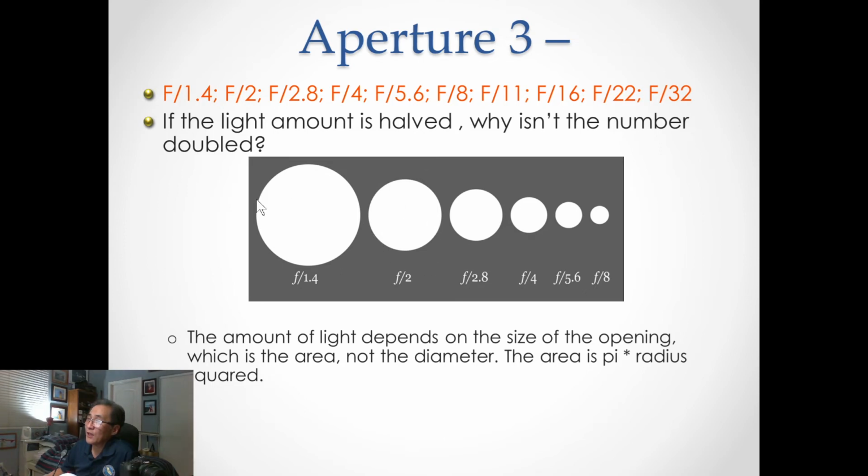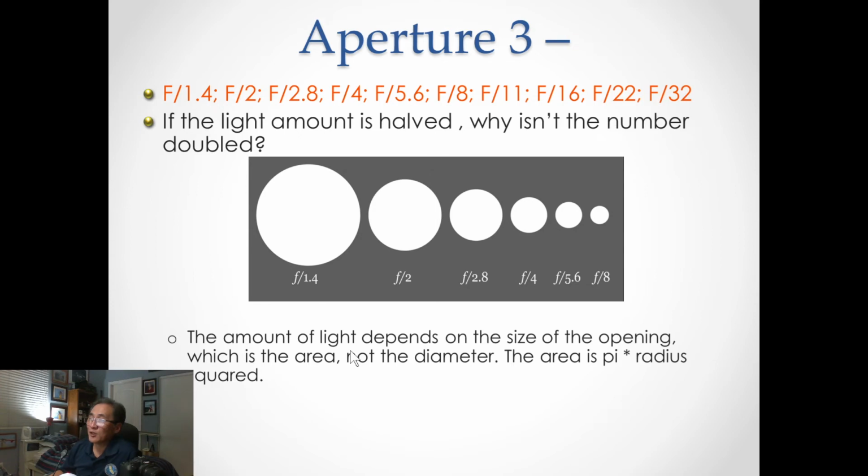The size of the hole represents the area of the hole. When we talk about the aperture value, it is a relationship between the diameter of the hole and the focal length. So the numbers here represent the diameter and not the area.